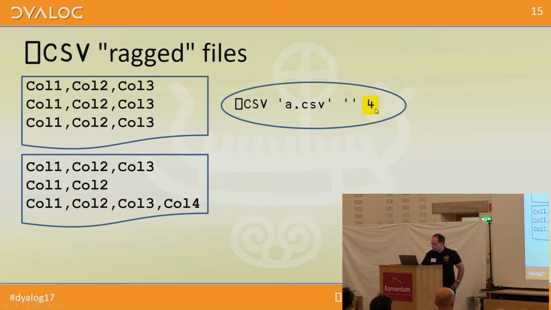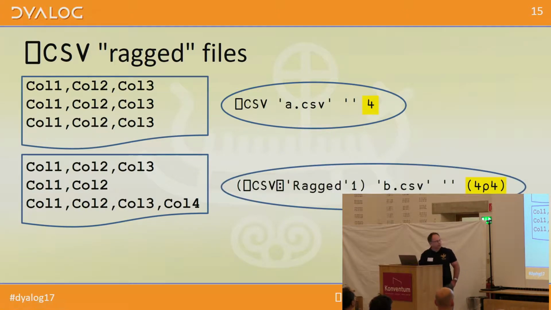But in the second example, I can only read it like that, by explicitly telling it that there are 4 columns, each of type 4. And some people would like me to be able to infer this. It's actually quite a significant change to the code to do it, but if I can, I will do that.